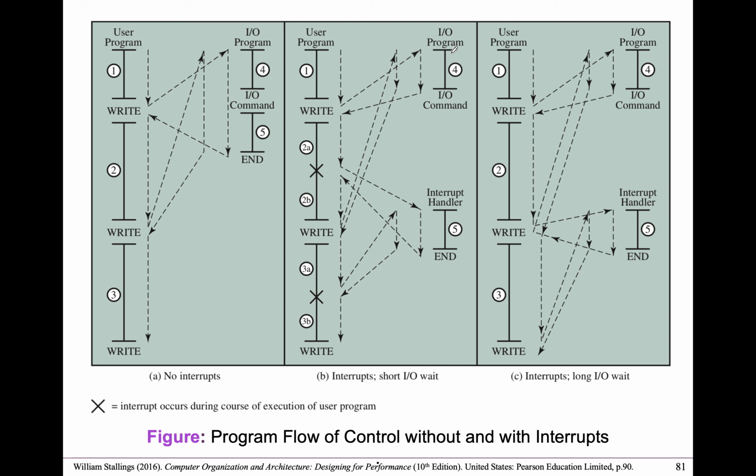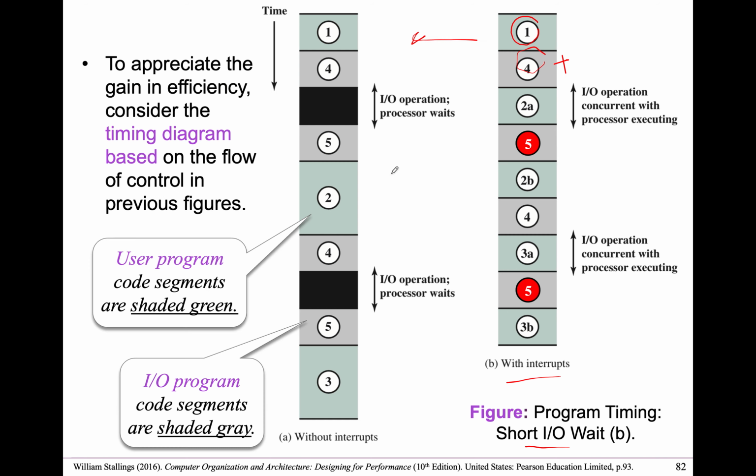You can see after you have done the input output, you're going to go back to your user program before you end, because you're going to have the instruction later on. See, that's why you go back to your 2A. When you are having 2A, you're going to have an instruction. It will continue later on, so it is a short period only.